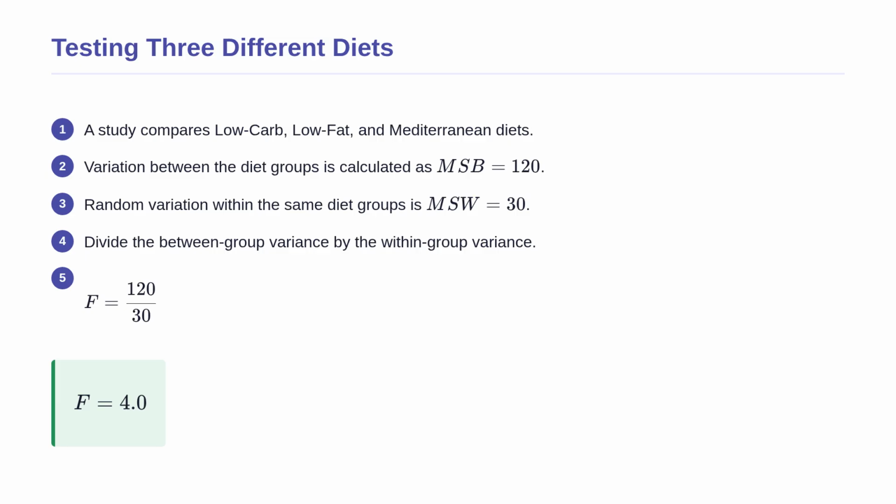We need to determine if the type of diet actually matters. We divide the mean square between, 120, by the mean square within, 30. This gives us a final F statistic of 4.0. This means the diet effect is 4 times stronger than random human variation, allowing the nutritionist to confidently conclude that the choice of diet genuinely impacts weight loss.